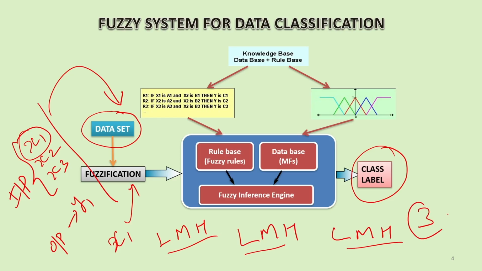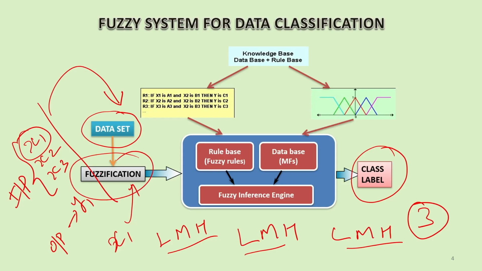Instead of 3 linguistic terms, you can go for 5, or 2, or 7. It depends on the complexity of the data that you have. So this is the fuzzification task. Then after fuzzification the system enters the fuzzy inference engine, which is connected with the knowledge base, the system is executed, and finally you get the class label as the output.